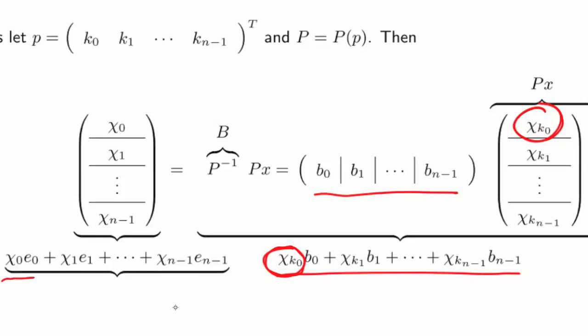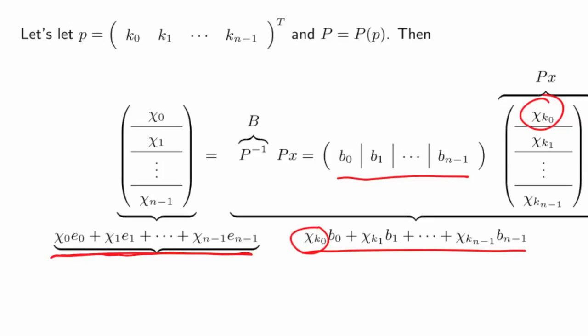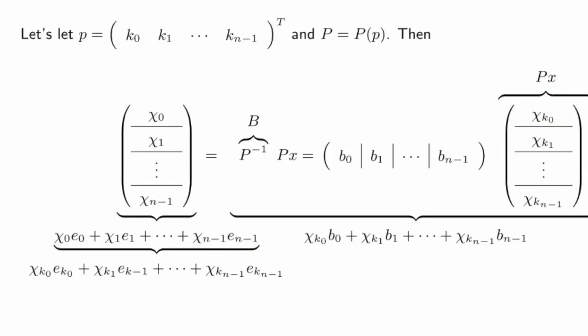Now, we can reshuffle all of these terms because vector addition is commutative. And we're going to reshuffle them so that the coefficients here end up in the exact same order as the coefficients on the right.